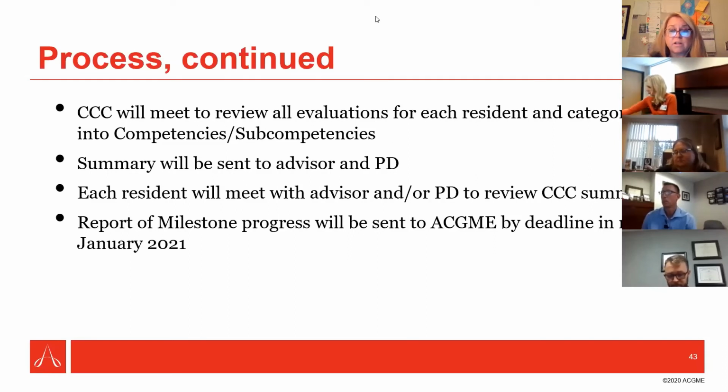So if you're getting ready to start a really time demanding rotation, I would encourage you to start today and finish it this week so that you're not feeling strapped as you enter into this new rotation. And it really helps us to have you not filling them out, scrambling during the holidays or whatever. So please pay attention to your schedule, both now and what your next rotation is going to be.